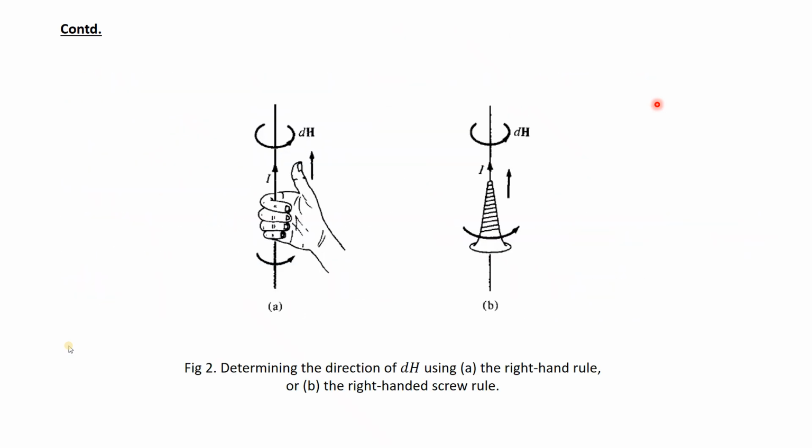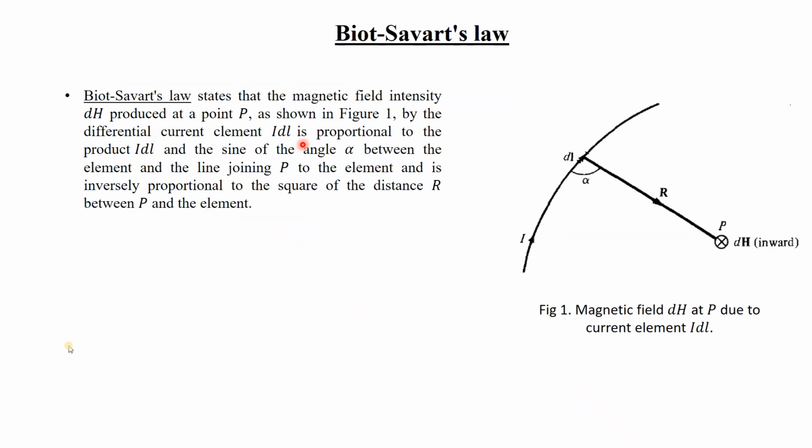because we know that a current carrying conductor has magnetic field lines circling it. If you point the thumb towards the direction of the current, the direction in which the fingers curl is the direction in which the magnetic field lines will be created, and H is the magnetic field intensity. Similar to electric field intensity, when we have an electric field we have electric field intensity at every point.